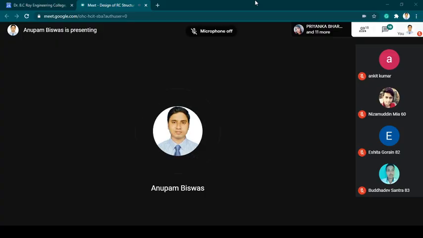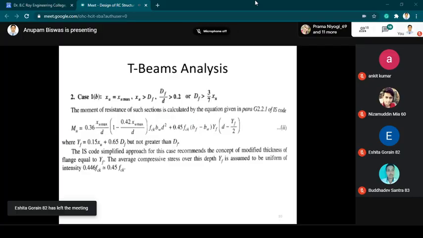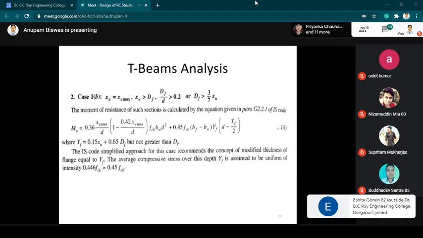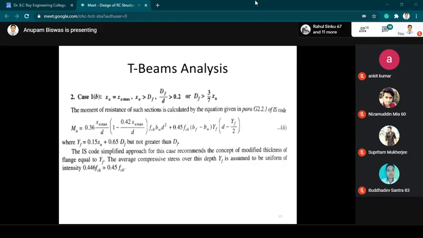For that, the IS code recommends the value of MU given in Annex G 2.2.1 in the IS code. Here a factor Yf is introduced. The equation, as you can see in the slide, is 0.36 xu max by d, whole multiplied by 1 minus 0.42 xu max by d, into FCK BW d square.